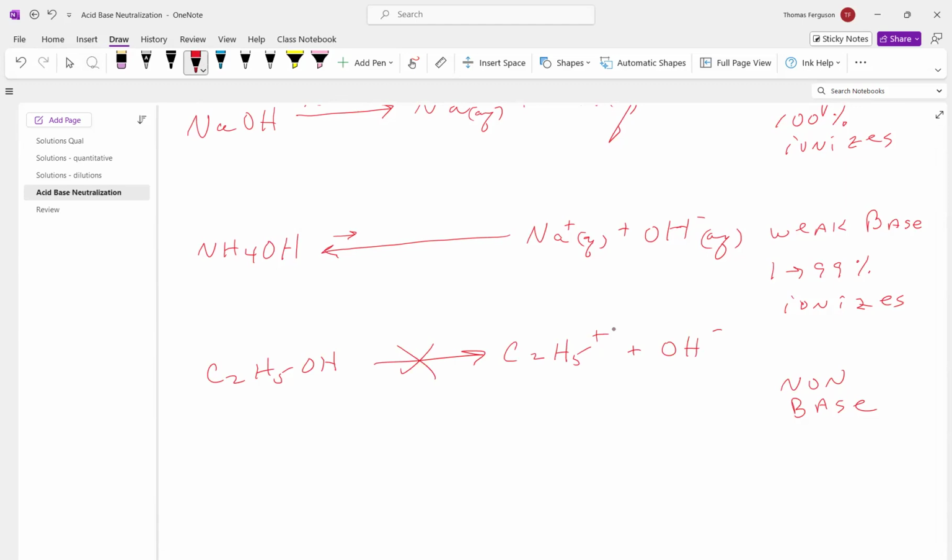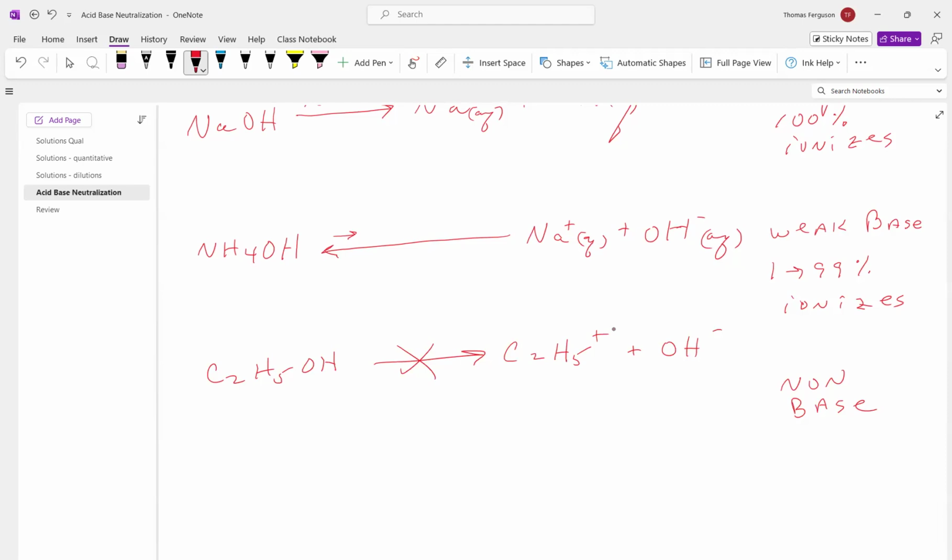Now, the reason why we have strong, weak, and non-bases is for stability reasons. How stable is what you start with versus what you end with? In the case of ethanol, what we start with is very stable. So when you try to pull out that OH group, what is fairly stable becomes very unstable.